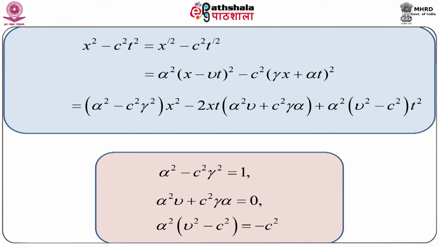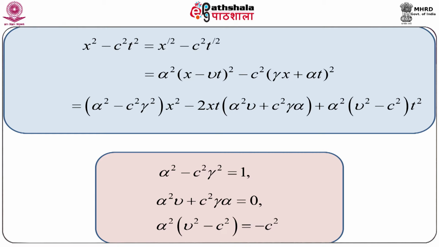Now, putting those values in this equation, we get x square minus c square into t square equal to alpha square into x minus v into t its whole square minus c square into gamma into x plus alpha into t its whole square. We have just substituted the values of x dash and t dash and got the next line. This is of the form a minus b whole square, and this is of the form a plus b whole square.